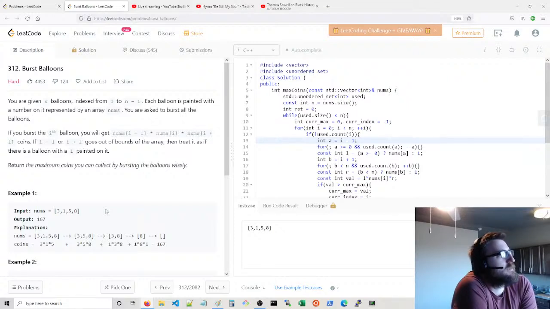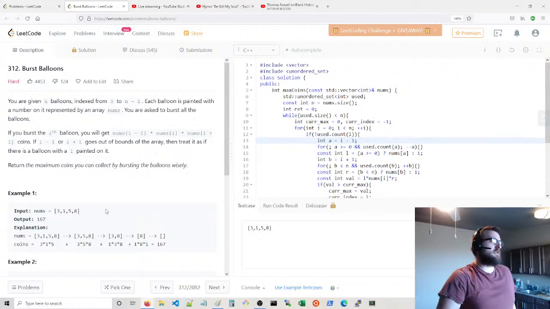Let's see. My thinking was to always take the smallest internal balloons first.